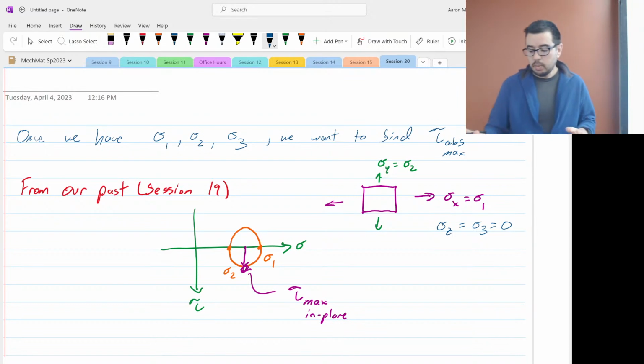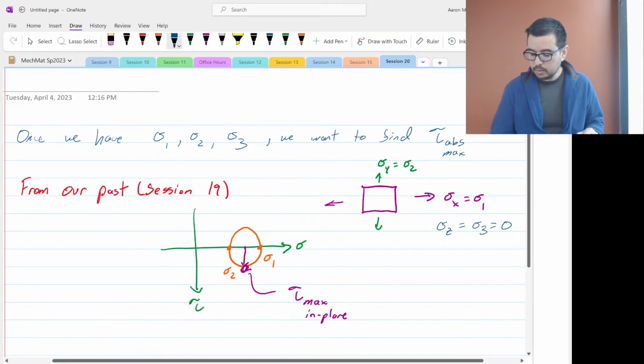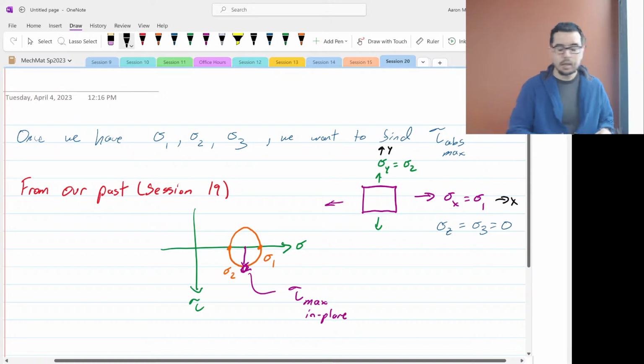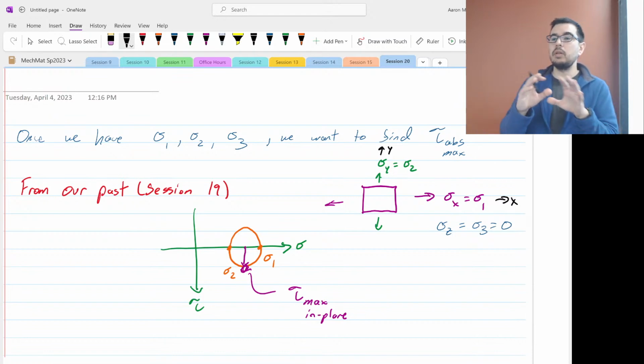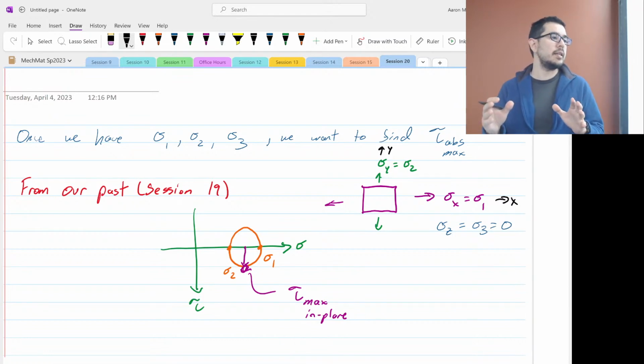So now we have an opportunity to think a little bit. This would be an x direction, this is a y direction. Think about what happens if we rotate this element 90 degrees and we look at the state of planar stress in different planes.